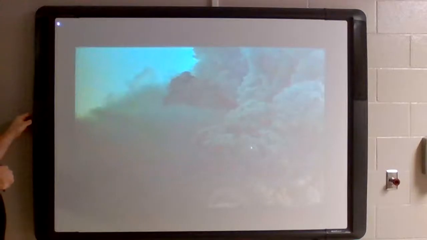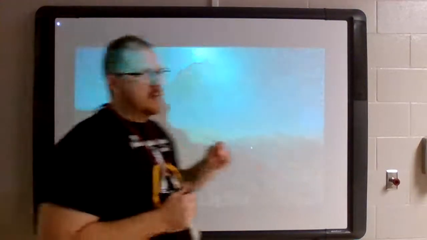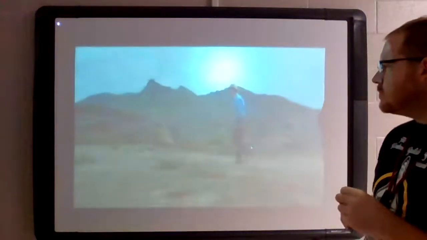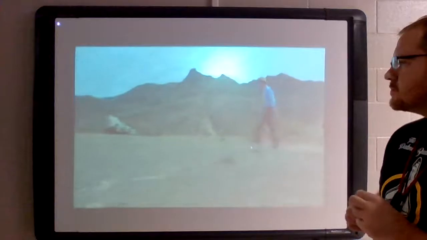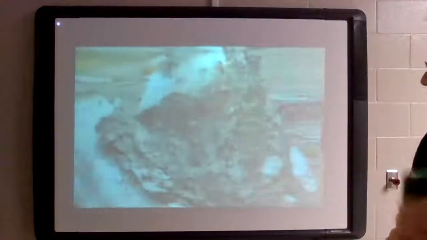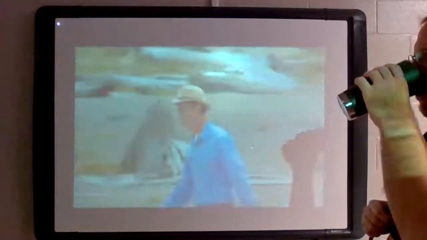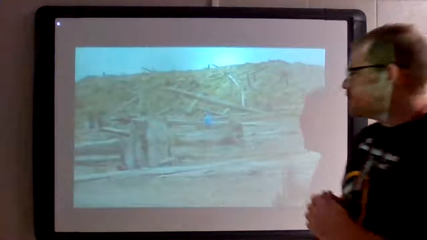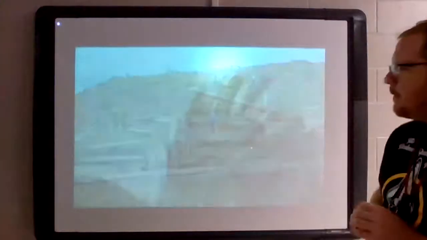A cloud of hot ash roared 15 miles into the atmosphere. 230 square miles of forest were wiped out. 6 million trees, enough wood to build 300,000 two-story houses.